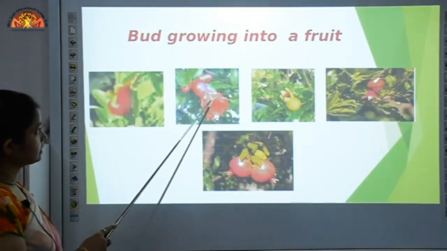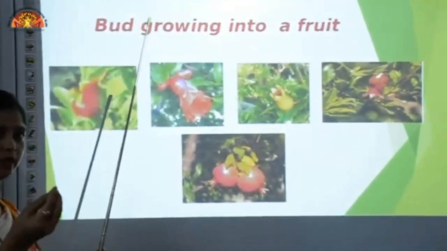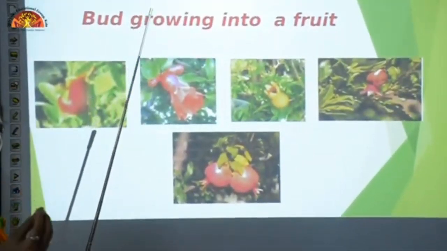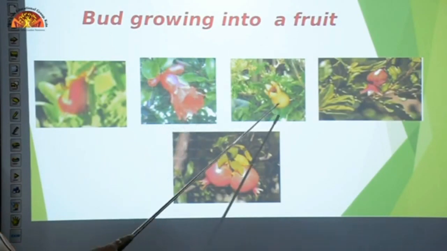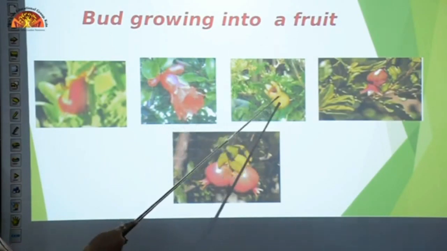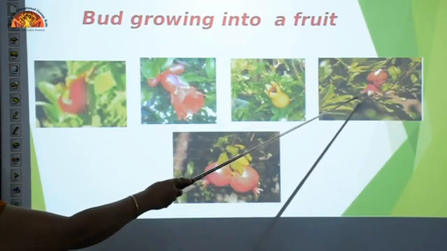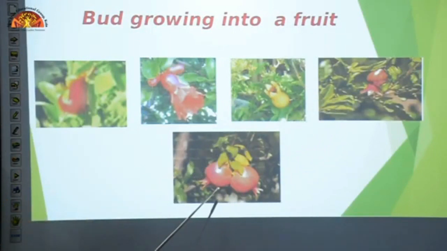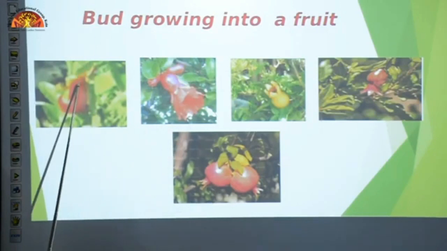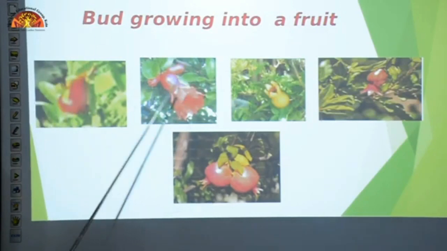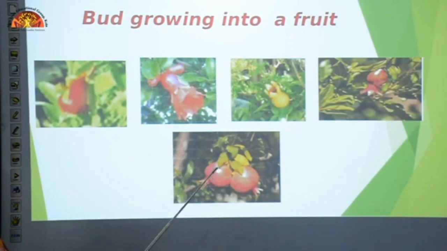Later the petals, the colored leaves of the flower, fall off or they develop into a green colored small unripe fruit. Then this unripe fruit ripens and forms a complete fruit. In this way a bud can give rise to flower, and flower can give rise to fruit.